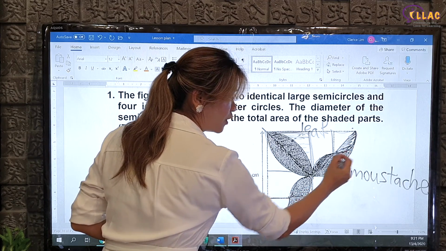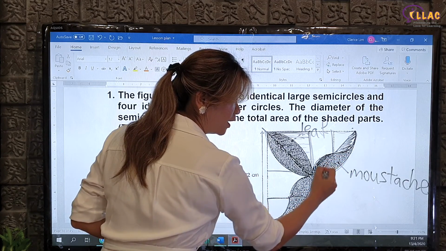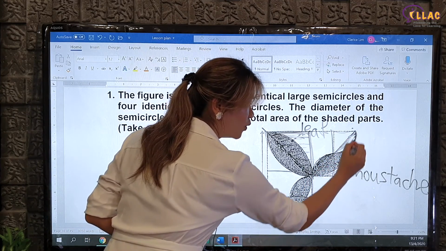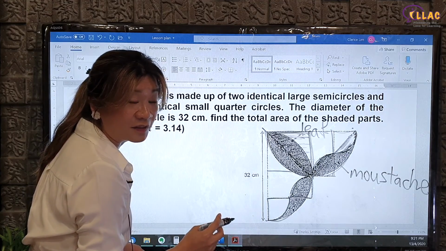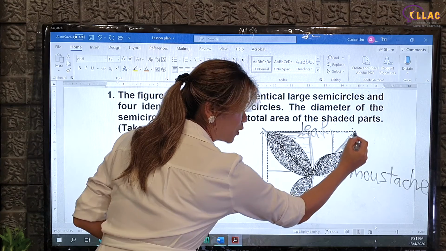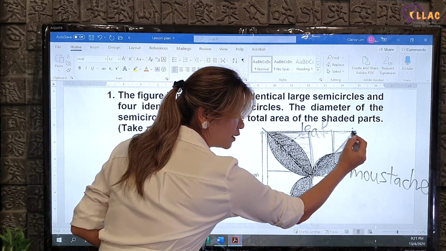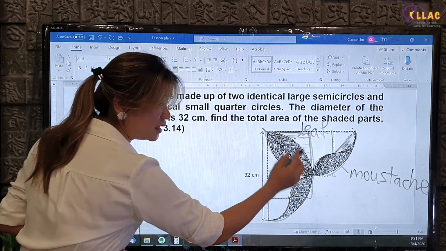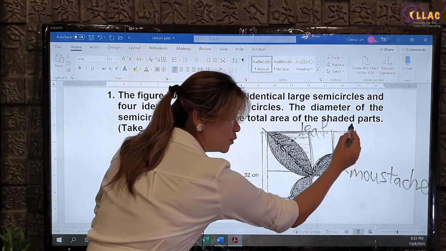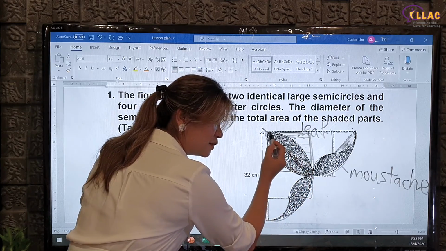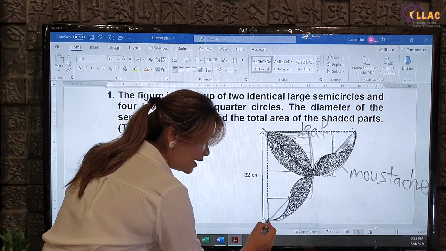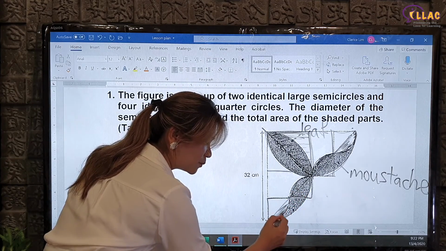If I bring this over here, it completes the leaf and becomes half of the leaf. It will be the same size as this leaf, which is the same size as this leaf, which is also the same size as this leaf.